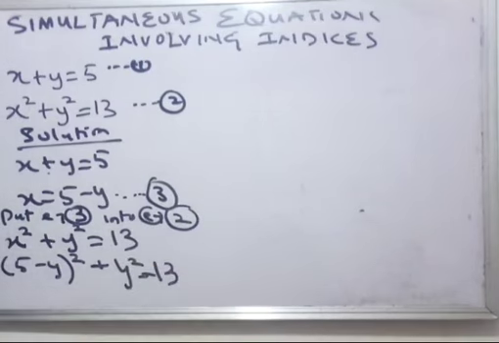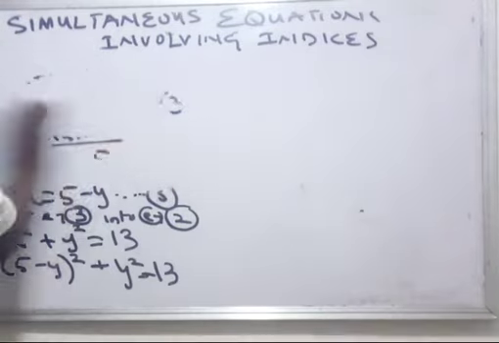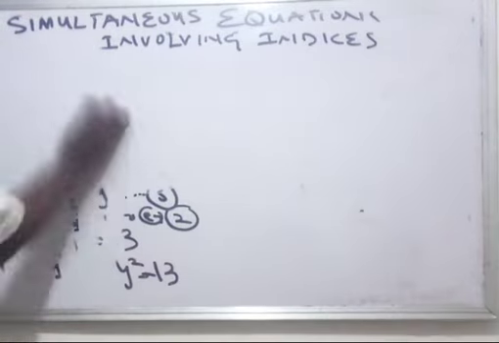What we just did was that in place of x, we put 5 minus y, so the squared is still retained. Alright, so we are done with the substitution stage. The next stage is the expansion stage or removing bracket stage.